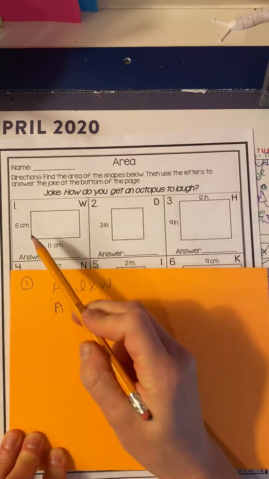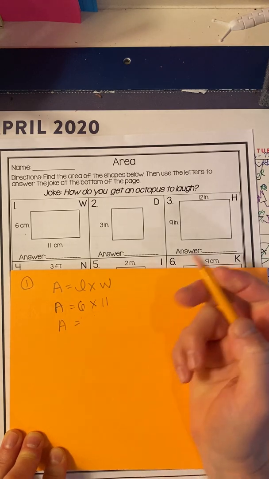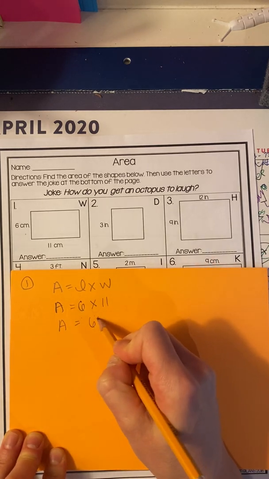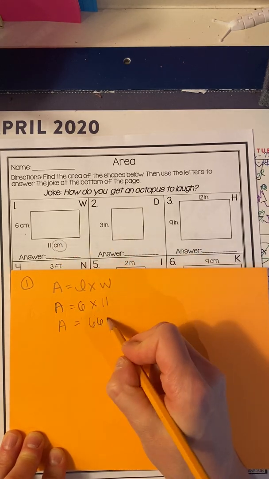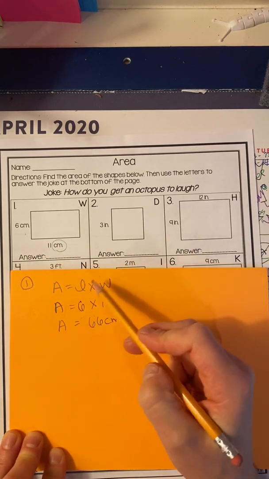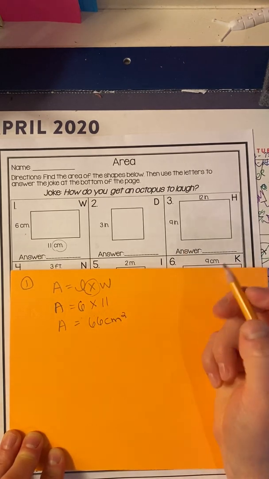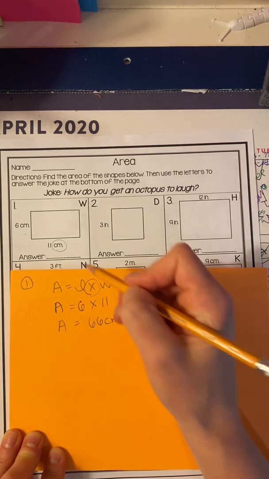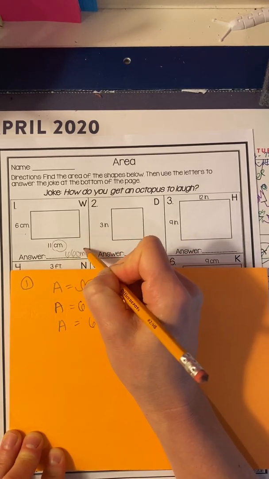So I'm gonna write 6 times 11 here, and I know 6 times 11 is 66. And then I need my unit of measurement, which is centimeters this time. And remember, I did a length times a width this time, so I have to put that little 2 right here. So my answer is 66 centimeters squared.